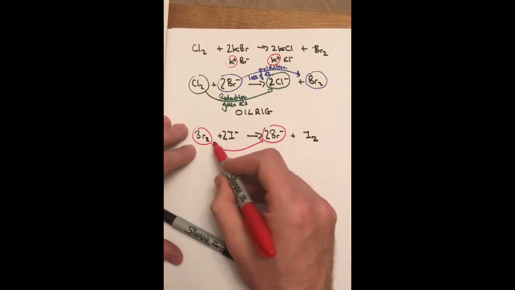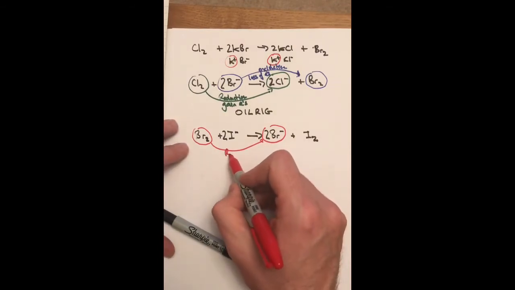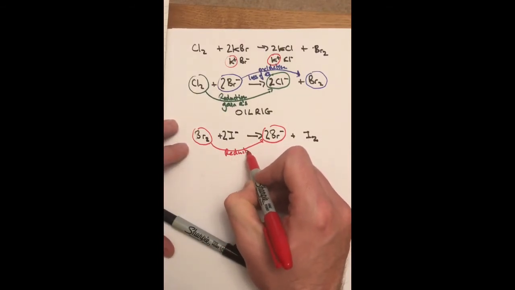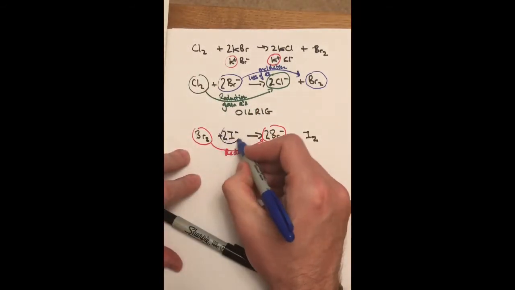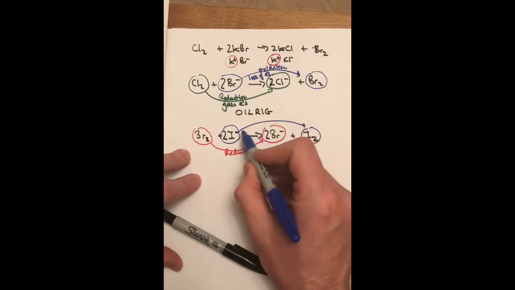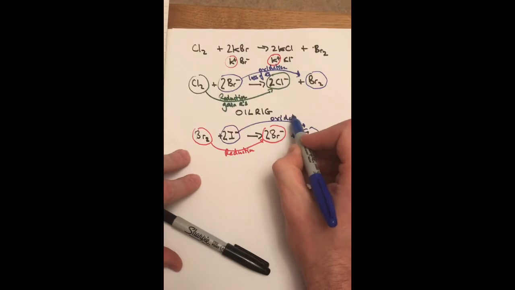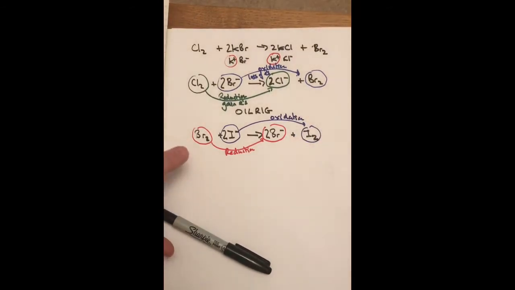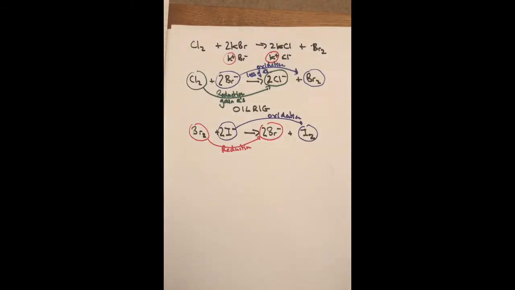How's it done that? It has gained electrons, therefore that is reduction. And the iodide started off with the electron, it has now lost the electron, so it's no longer negative, that is oxidation. So you've got both happening again, reduction and oxidation, so it's a redox reaction. So the displacement reactions are redox reactions.